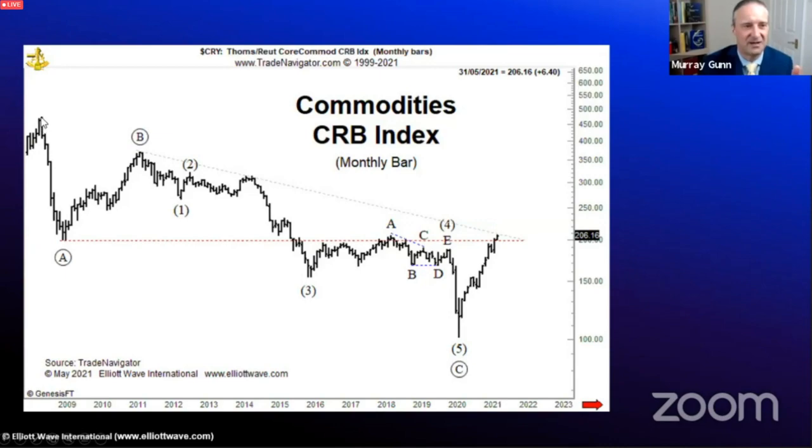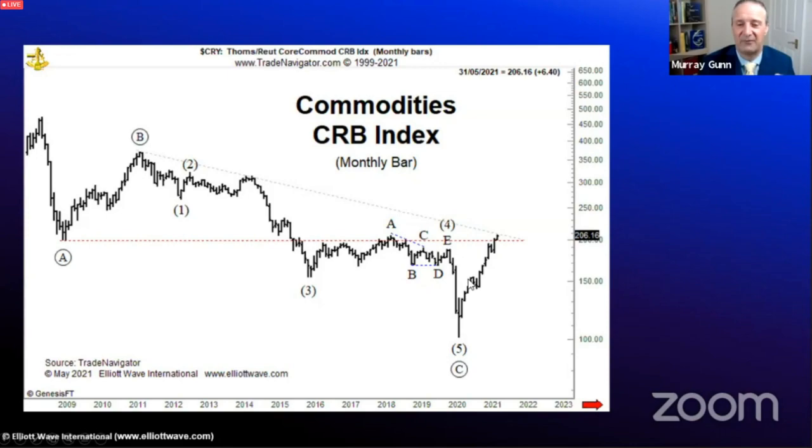This is the bear market from 2008, and we think this was wave A, this was wave B, wave C of a correction should subdivide into 5 waves, and we can see that there was a 5-wave subdivision here, which ended at the lows of last year. So there's really strong evidence to suggest that the CRB index, commodities in general, have finished their bear market and are now into a new bullish phase.